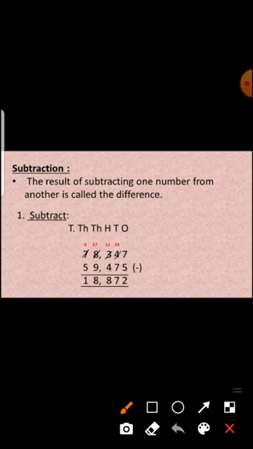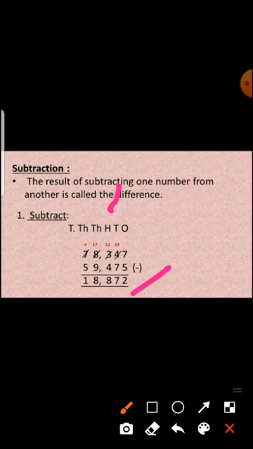Here 7 minus 5 is 2. Now concentrate on the tens column. In the tens column we have the numbers 4 and 7. If you see here, the 4 is smaller than the number 7.